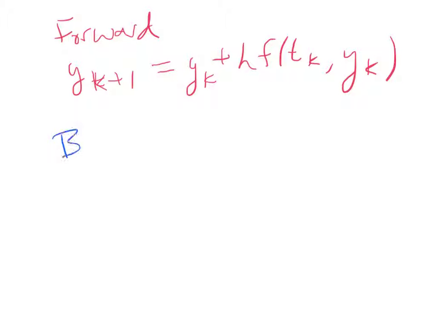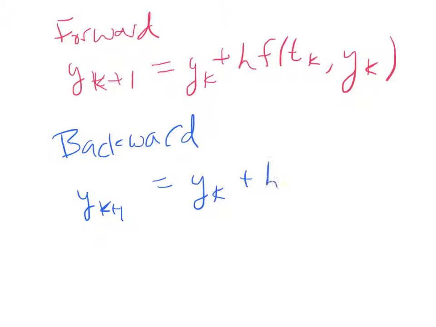Alternatively, the backward Euler's method, as the name suggests, involves going backwards. So here we're solving y sub k plus 1 equals y sub k plus h times f of t sub k plus 1, y sub k plus 1.